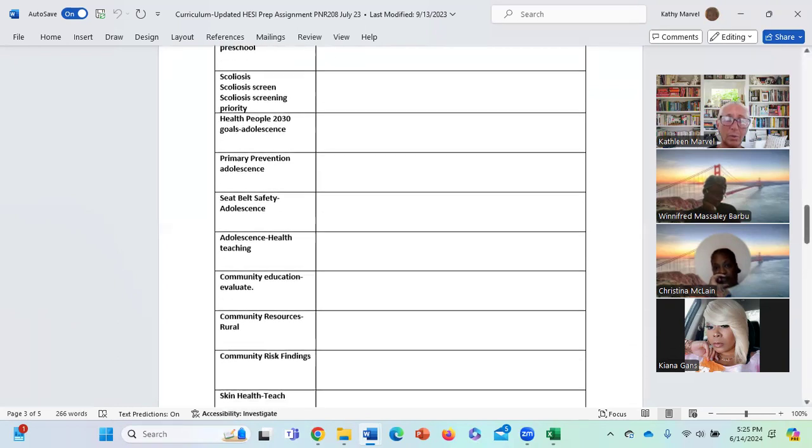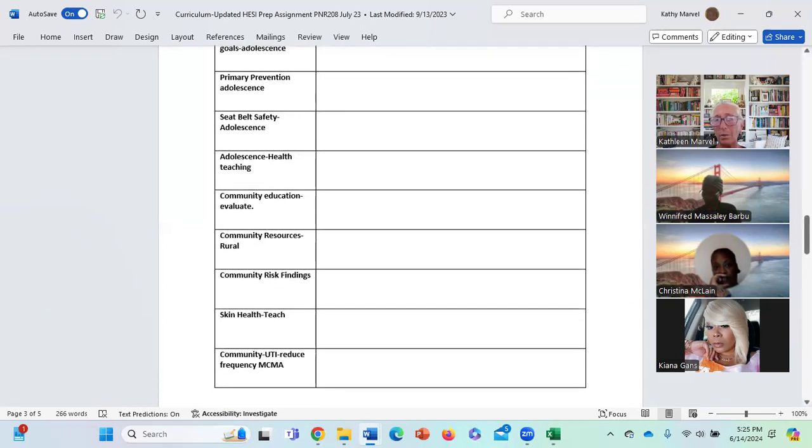Seatbelts, I'm going to skip a few here. Seatbelt safety. What are we teaching with seatbelt safety, or why are we teaching it? We should constantly promote the importance of seatbelts, but it's also a high rate of adolescent deaths.